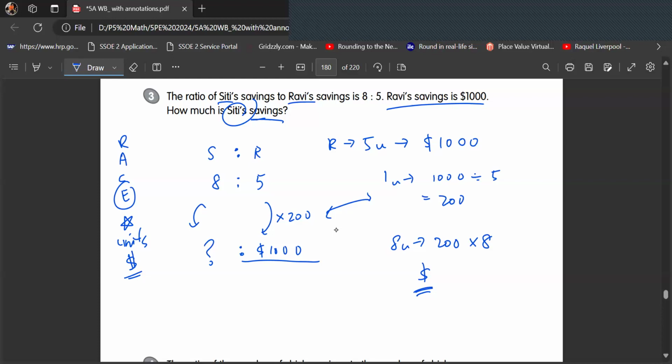Chesterville mentioned a very important point. She says, hey, remember the ratio, you're not supposed to have units. She's correct. So where should I have units? I will have units at the final answer. Siti's savings is $1,000. That is very true.